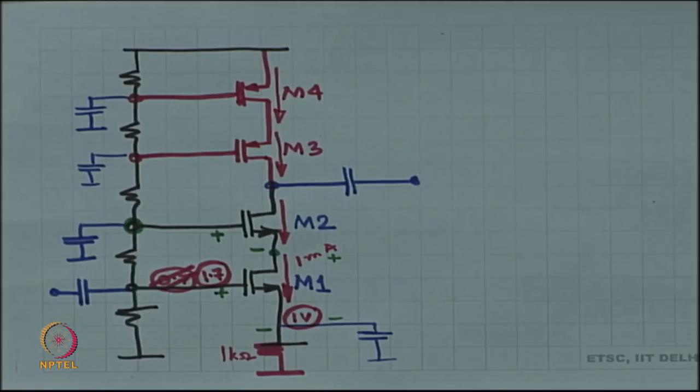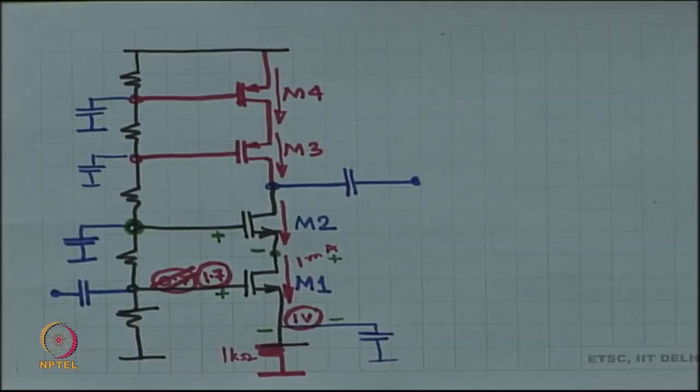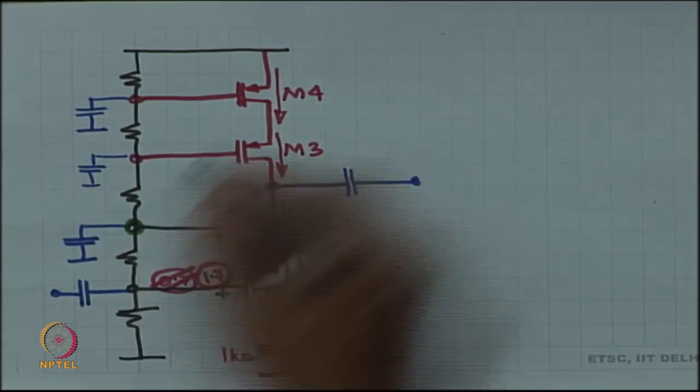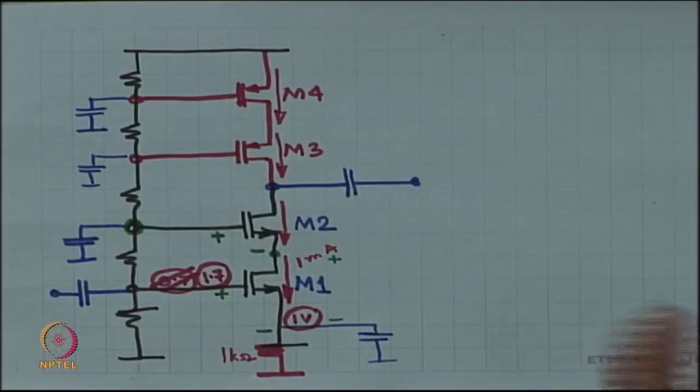and therefore, their respective VGSs have to be created. So, for example, M4, let us say M4 has the same K. You pick a PMOS with exactly the same value of K. We are going to discuss K today itself.